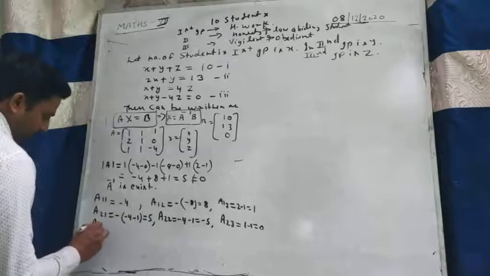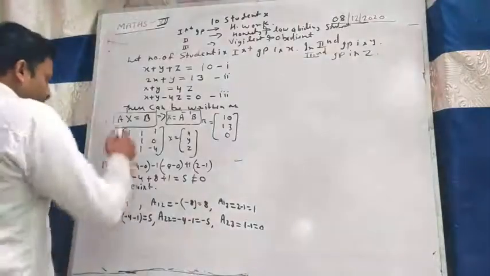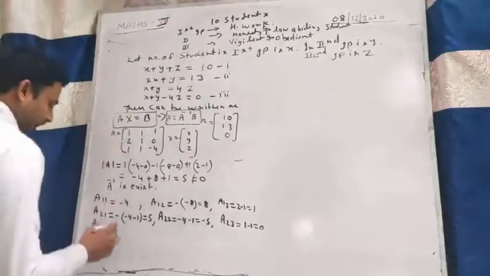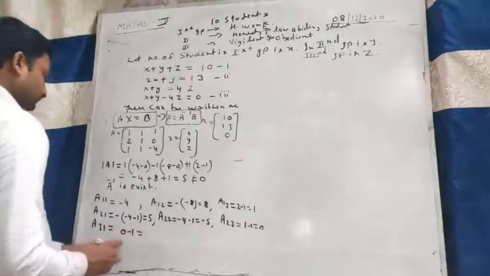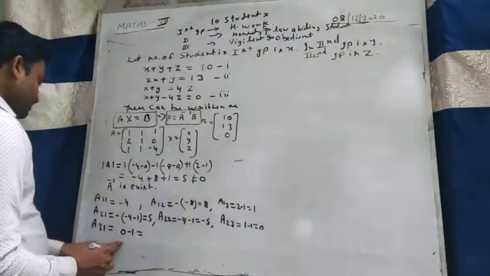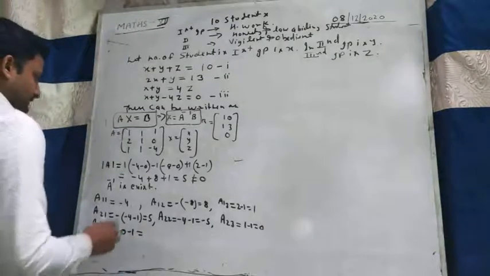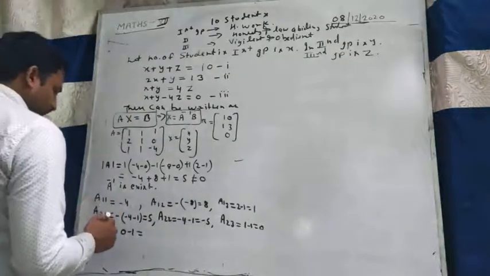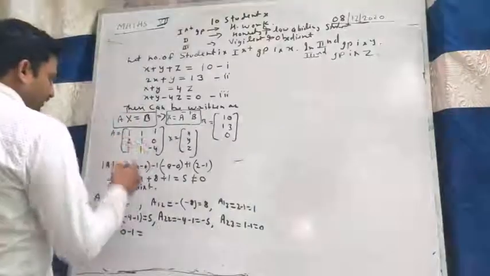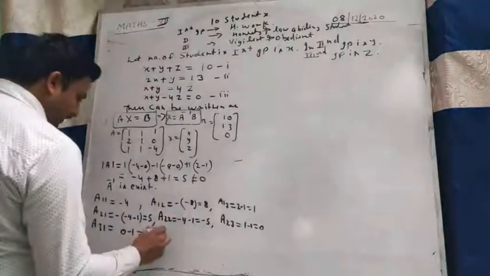Now our A31 is 0 minus 1, that is minus 1.